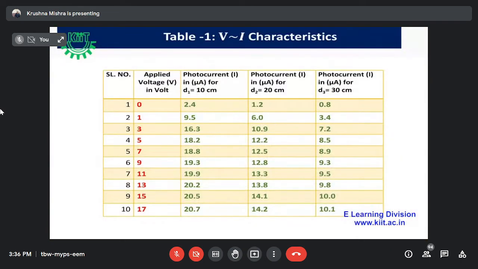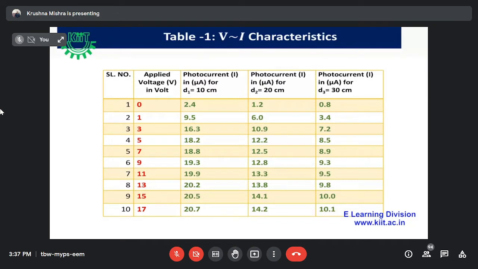Here you can see easily from the table, for a particular intensity of light, by fixing the distance between source and cell at 10 cm, it is very obvious that when the potential goes on increasing in steps of 2 volt, initially the photocurrent changes speedily, then slows down, and if we continue in this way it will be saturated after some time.